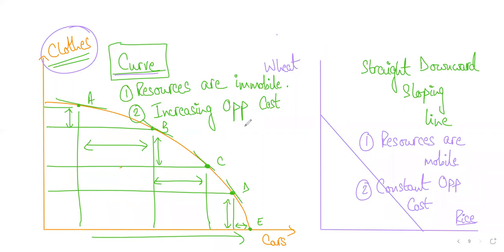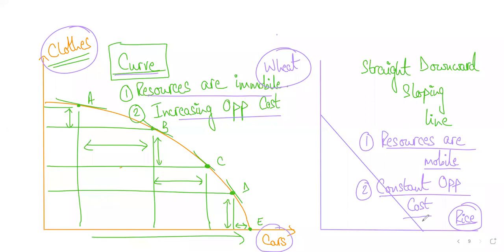In the case of a curve, resources are immobile, which means you can't easily transfer resources from the production of cars to the production of clothes and vice versa, because they use different types of resources and there will be increasing opportunity cost. On the other hand, for the straight downward sloping line, resources are mobile because these are similar products, so they will be using similar resources and there is constant opportunity cost. Each additional unit of rice will always cost you the same quantity of wheat, nothing more, nothing less.